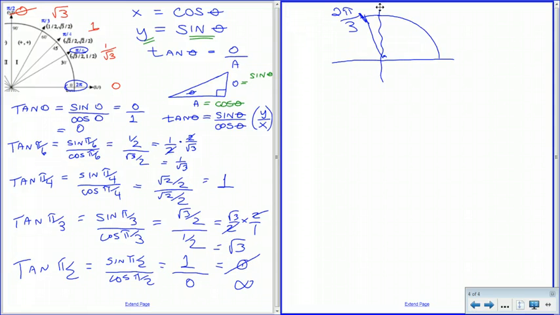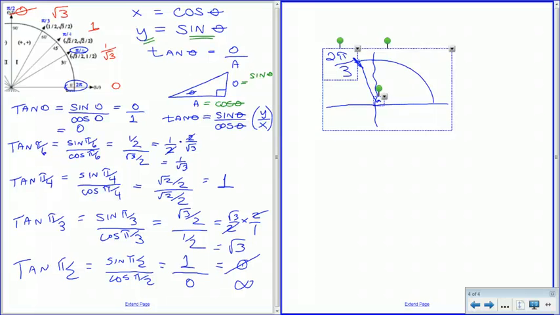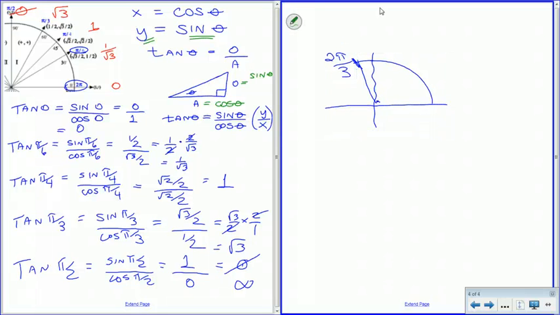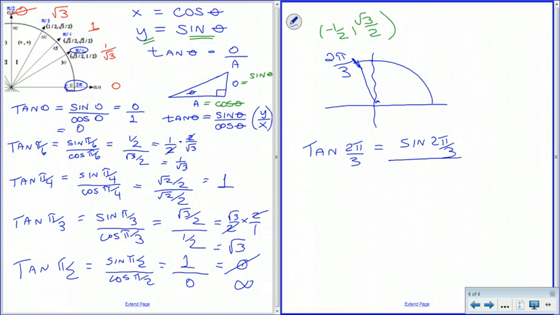So for 2 pi over 3, we have x and y already. X is negative 1/2, and y is root 3 over 2. But what is tangent? Tangent at a 2 pi over 3 angle of rotation is the sine of 2 pi over 3 over the cosine of 2 pi over 3, which equals root 3 over 2, the y value, over the x value, negative 1/2.